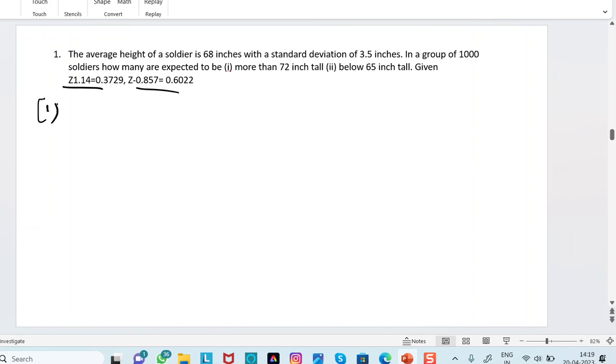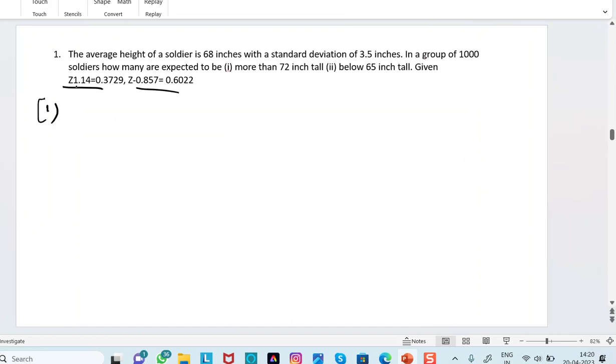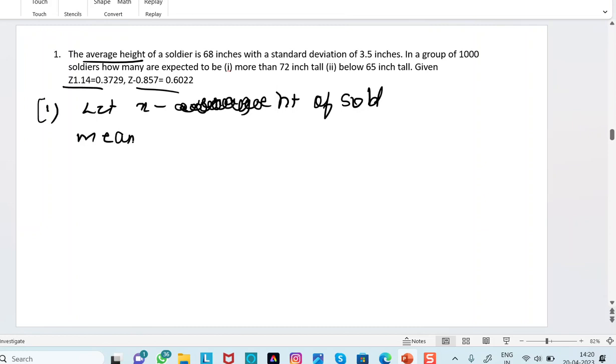If you observe in the previous problem, there was an x. In the current problem, there is no x. But we take x depending upon the situation. In this case, we are discussing the average height. Therefore, let x be the height of a soldier.